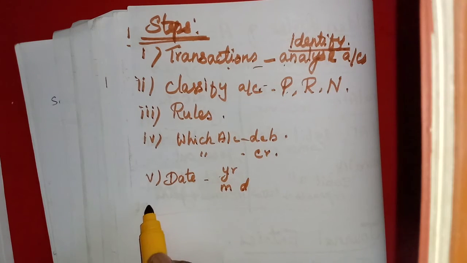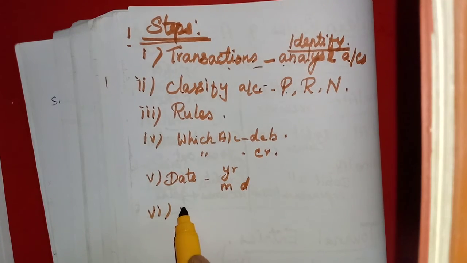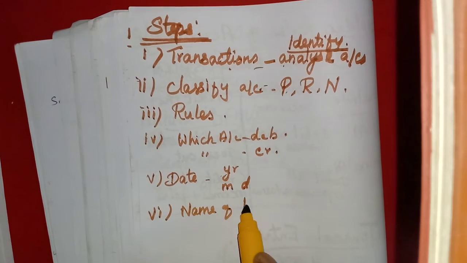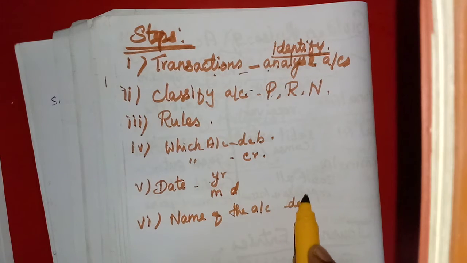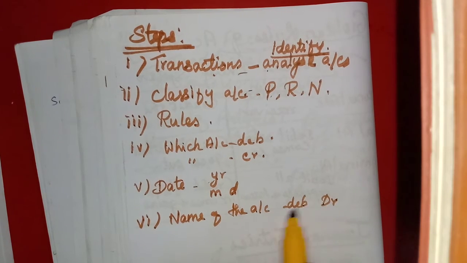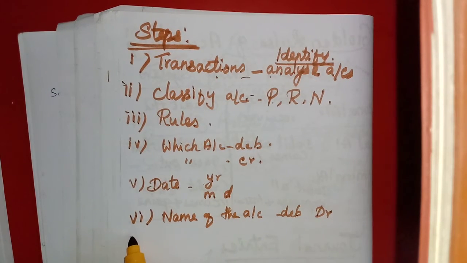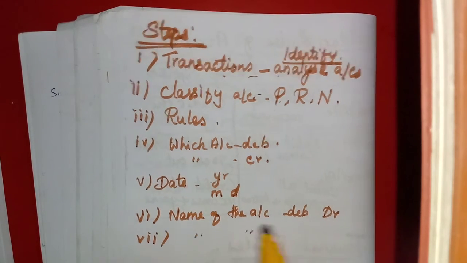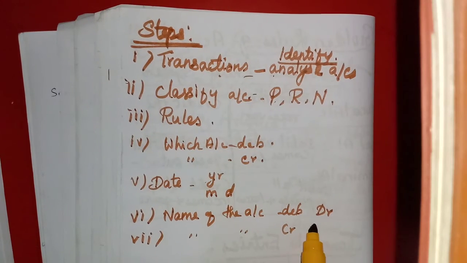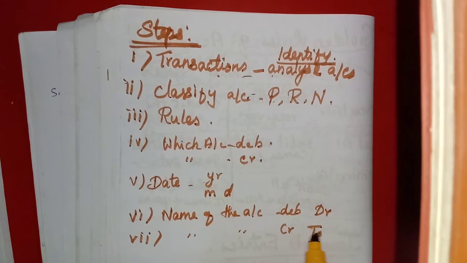Then next step, we have to enter the name of the account that must be debited, in the particulars column. What should be debited, and at the end we have to write Dr. Seventh one, which account should be credited, and it should start with the word "To".